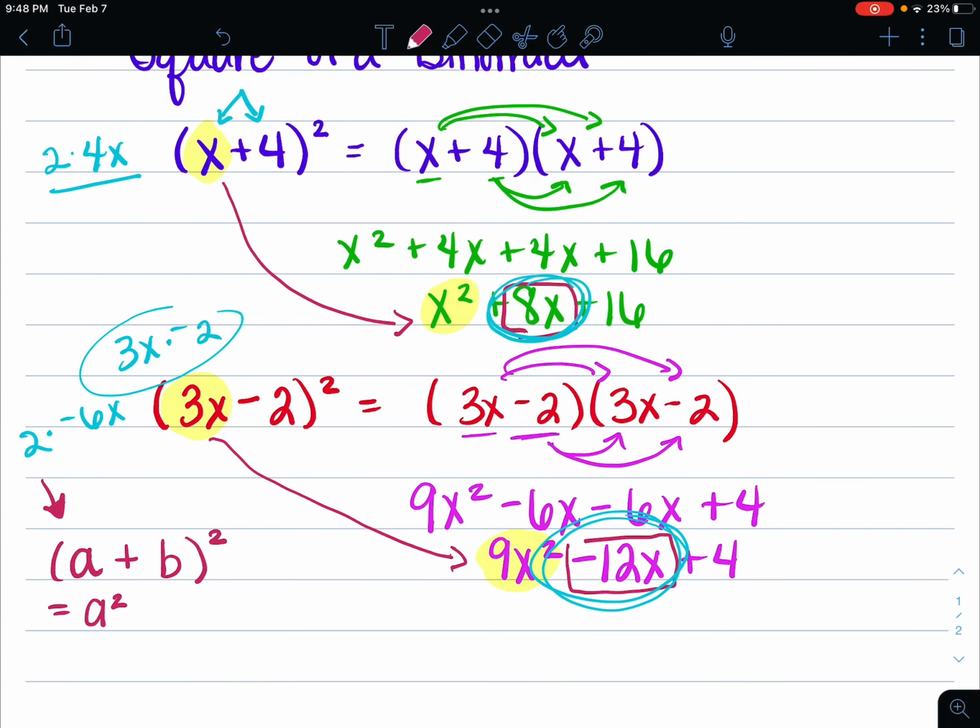So if we're looking at it in terms of a quote-unquote formula, it would be 2 times those two things being multiplied times each other. Right, it's twice their product. And then, of course, the last term, we can see here, again, it's a similar thing. 4 squared is 16, and negative 2 squared is positive 4.